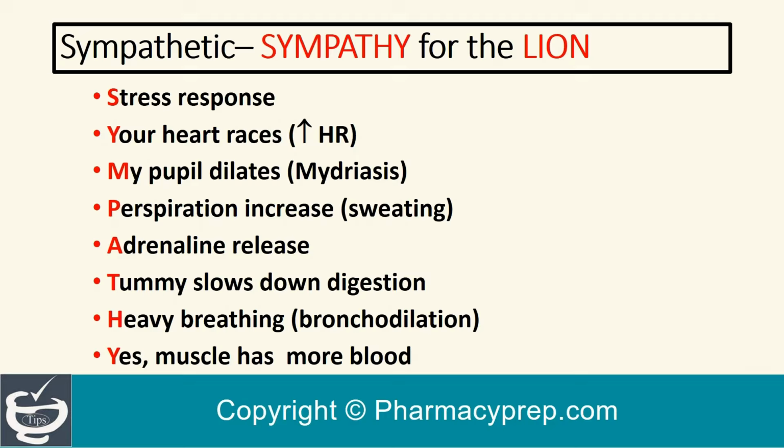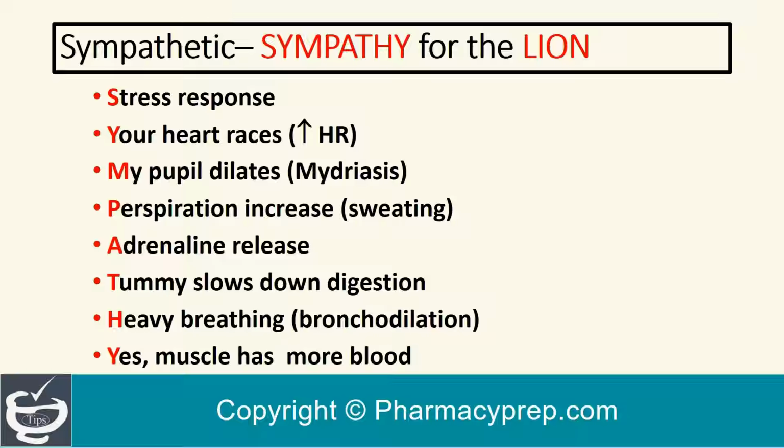So the sympathetic nervous system, sympathy for the lion, is a great mnemonic to memorize the activities. In short, the sympathetic nervous system is basically a fight or flight system when the body experiences any stressful or urgent responses.